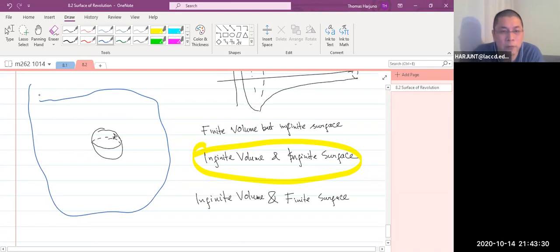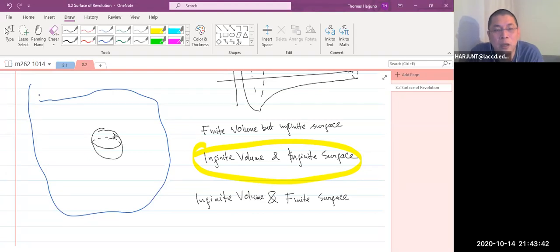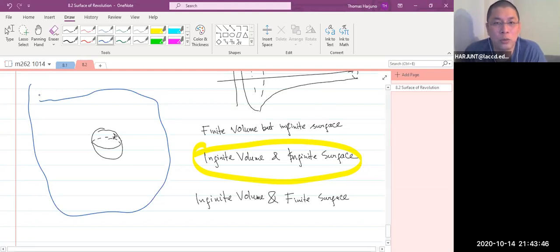The volume outside of this surface is infinite, but the surface is finite. Okay, but the challenge is more into, well, can you find a finite volume, but the surface is infinite?